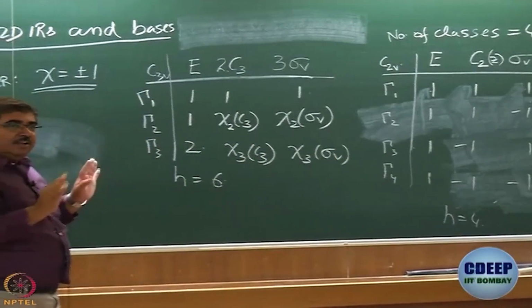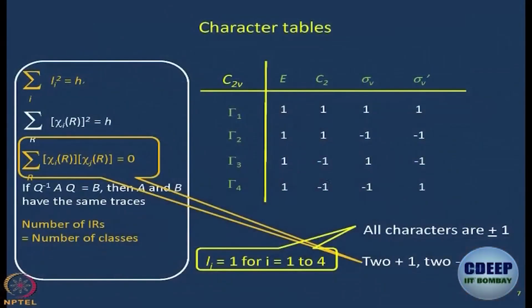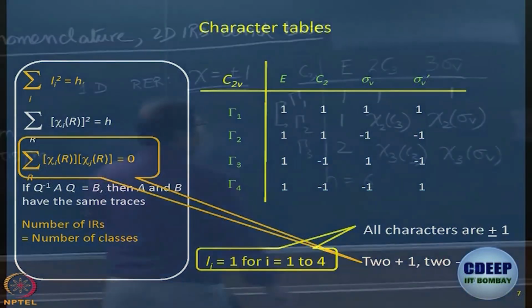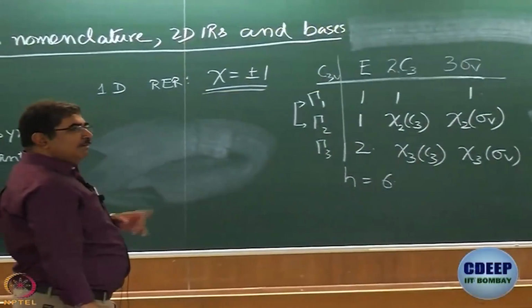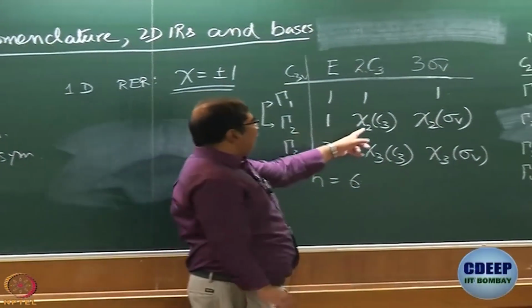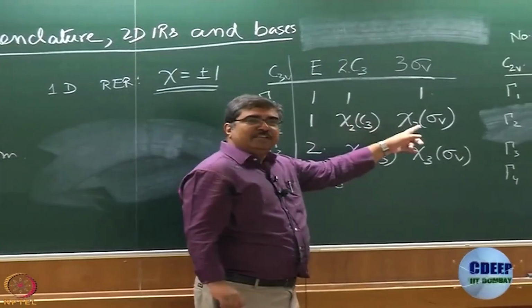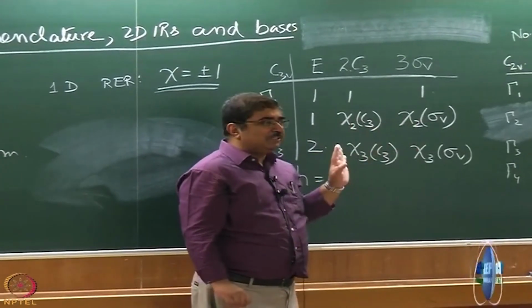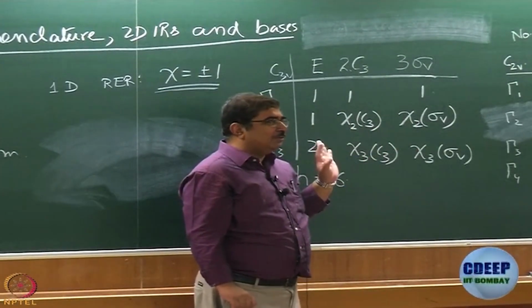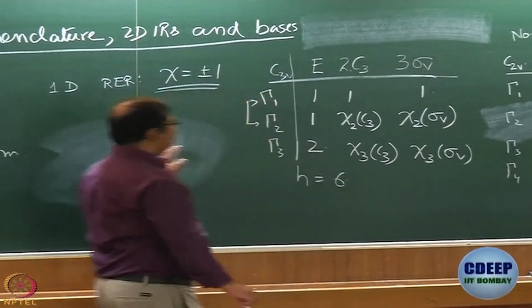Okay. What is the next thing to do? We can use the orthogonal thingy, right? You can use the rule of orthogonality. So, what will it be? First, take the combination of these two. Remember, chi2 C3 and chi2 sigma V have to be either +1 or -1. We know that already. That is one good thing. Okay.